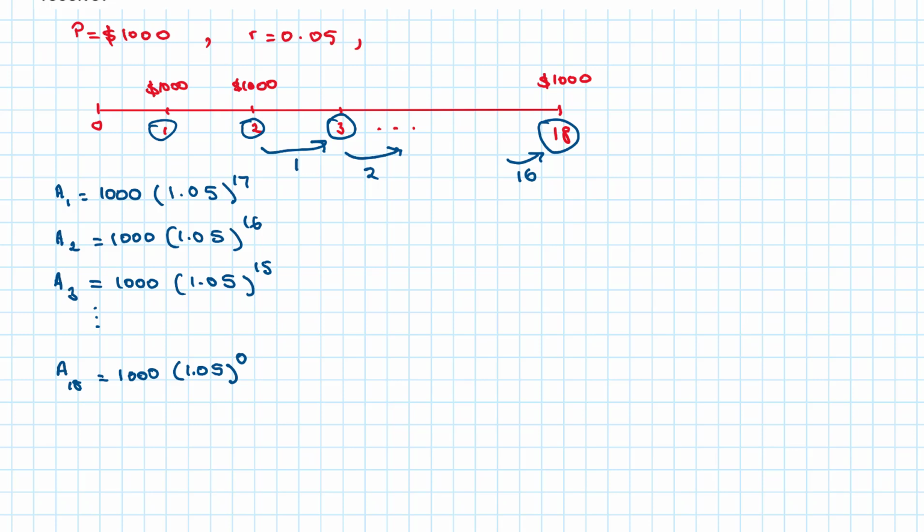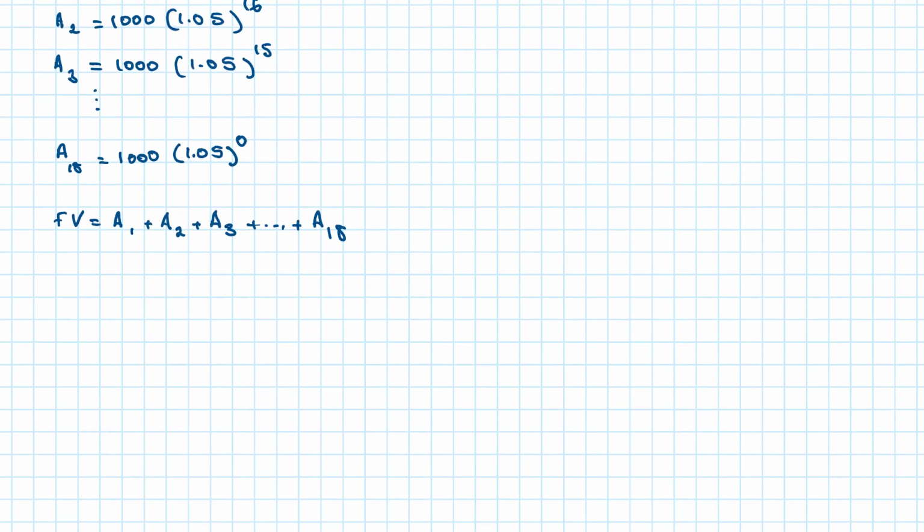So the total amount, I'm going to call this the future value of the annuity, is amount 1 plus amount 2 plus amount 3 all the way to amount 18. All of those amounts have 1,000, so 1,000 is a common factor.